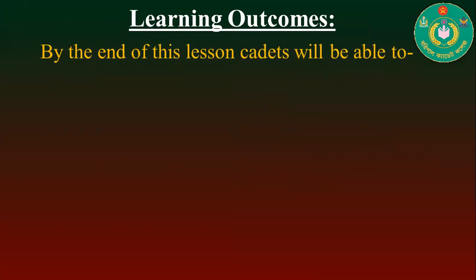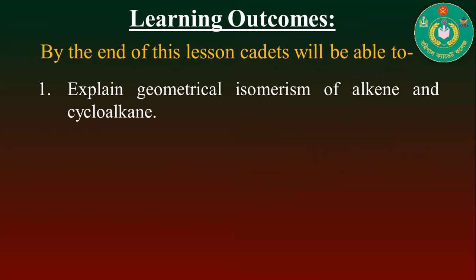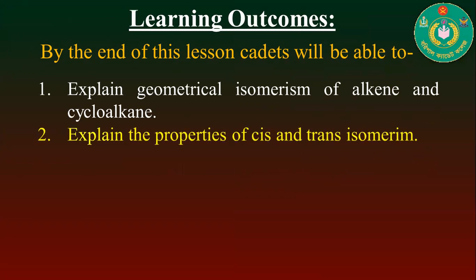Here are the learning outcomes for today's class. By the end of this lesson, cadets, you will be able to explain geometrical isomerism like cis-trans isomerism of alkene and cycloalkane, and you will also be able to explain the properties of cis-trans isomerism.